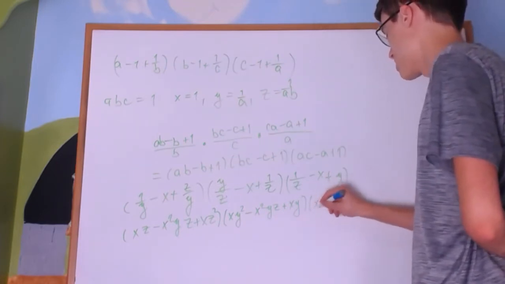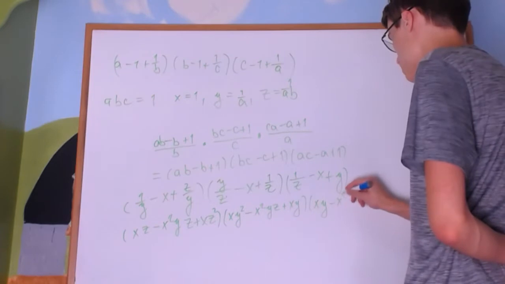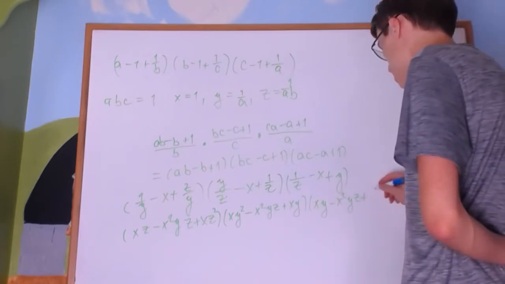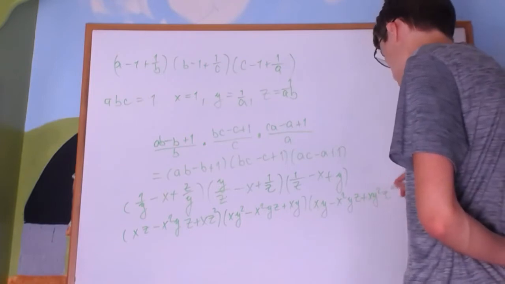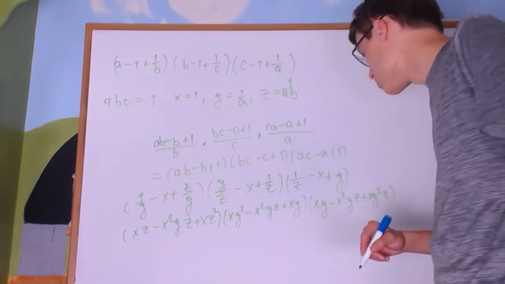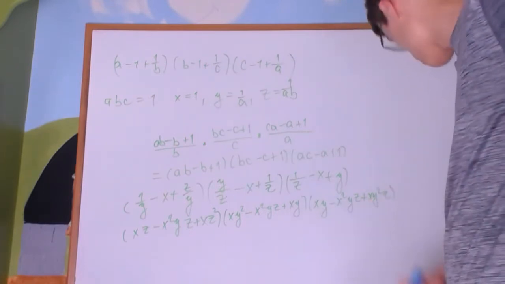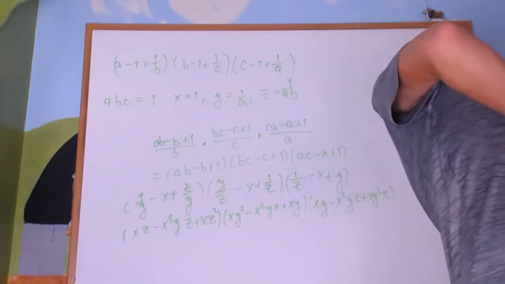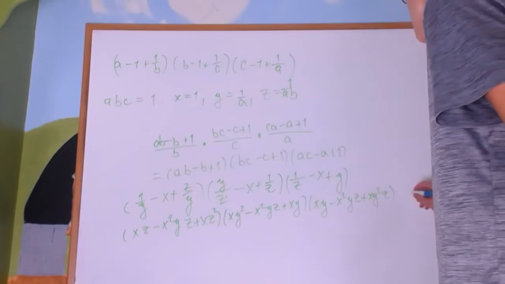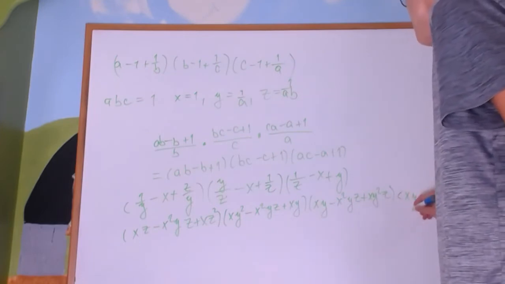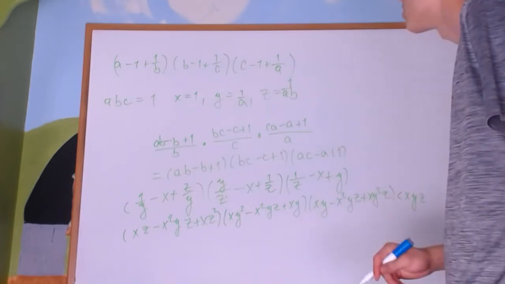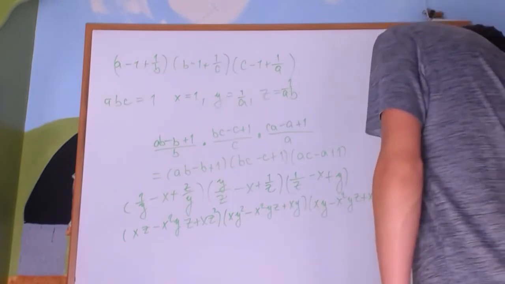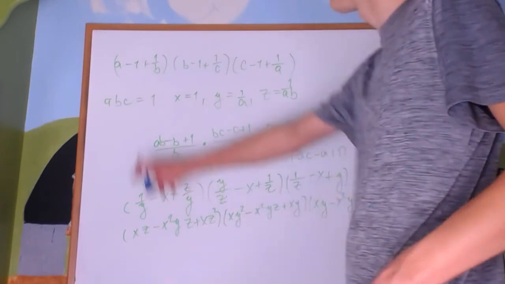Then xy minus x squared yz plus xy squared z. Still don't see how this is related to the original equality. So plug it into here.